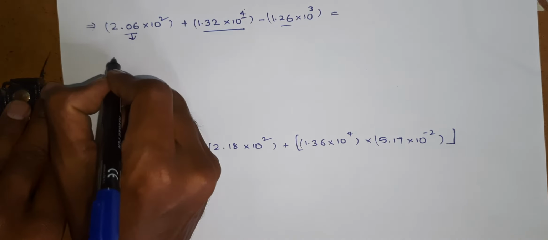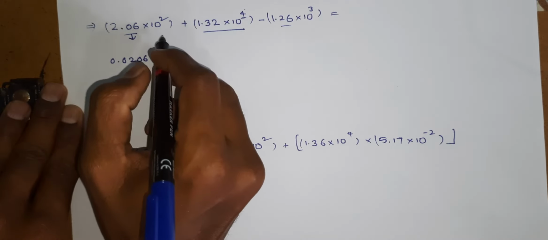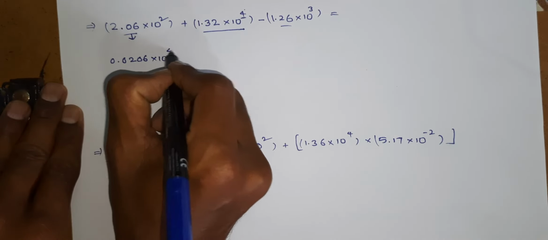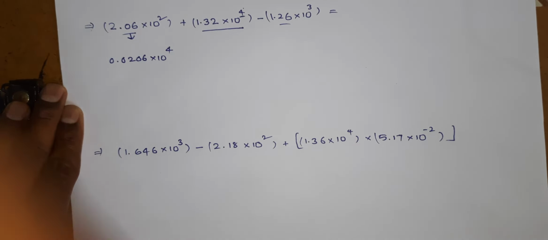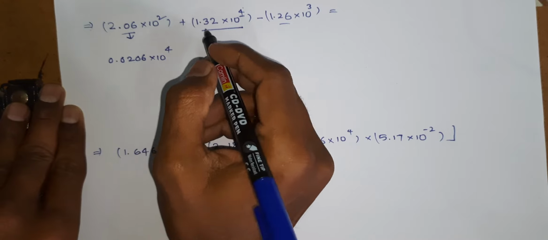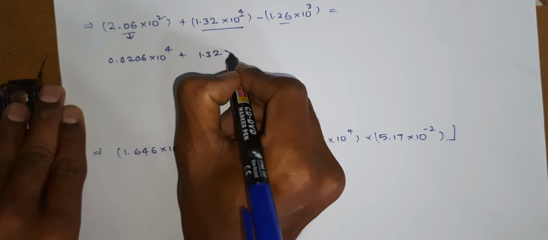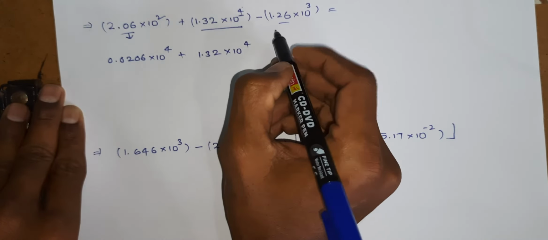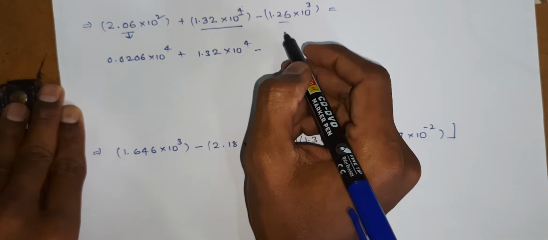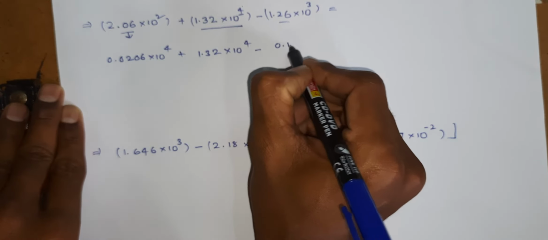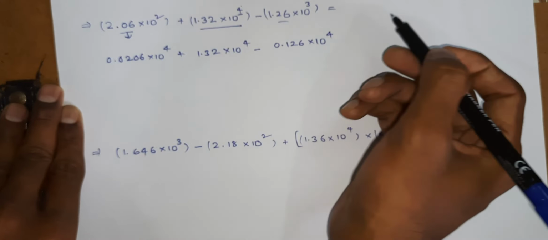If you convert 0.0206 into a power of 10 to the power of 4, you can write it like that. The next one, write it as it is, 3.2 into 10 to the power of 4. Next one, minus, you can write as 0.126 into 10 to the power of 4.